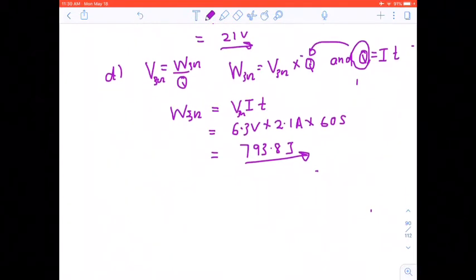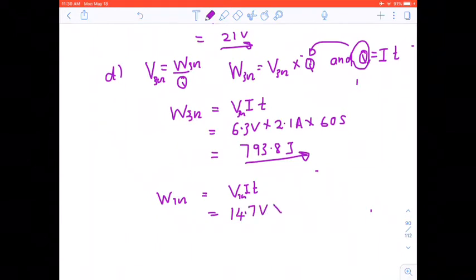Right, and if we look at the work done in the 7 ohm resistor, which would be equal to VIT in the 7 ohm resistor, we know that the voltage across the 7 ohm is 14.7 volts.